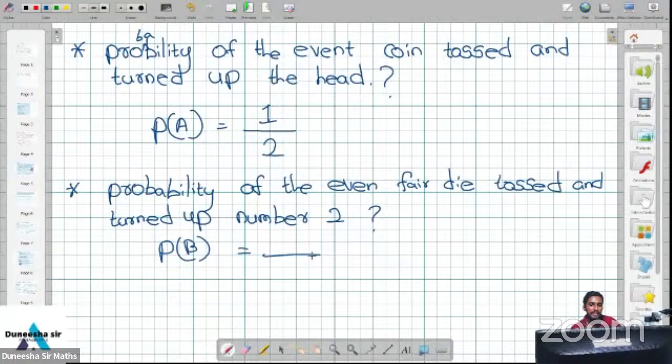How many numbers there? 6. How many 2s there? 1. 1. What is the probability? P(B) equal to 1 over 6.